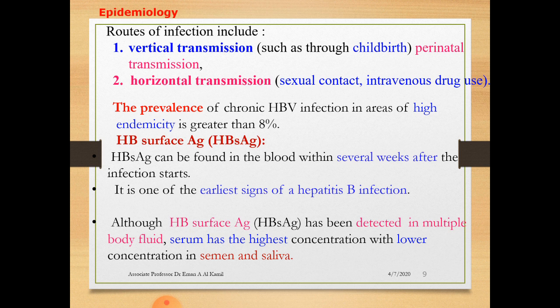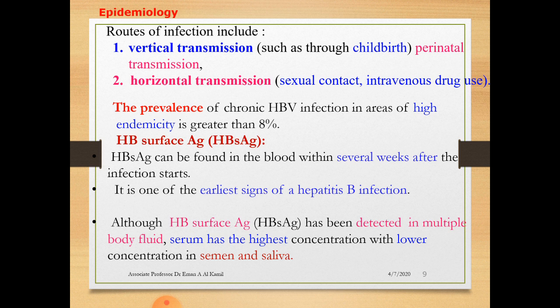After infection with hepatitis B virus, the patient will develop what is called hepatitis B surface antigen, circulating in the blood within several weeks after the infection starts. It is one of the earliest signs of hepatitis B infection, and it is regarded as a diagnostic test for hepatitis B virus infection.